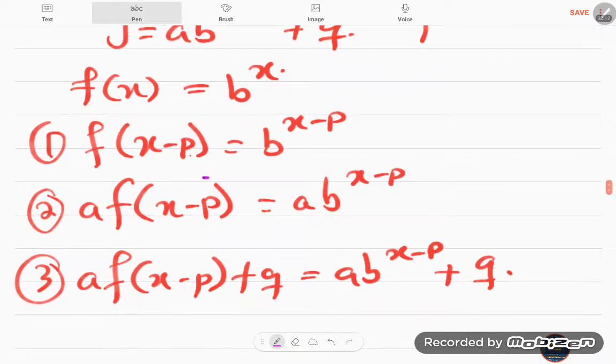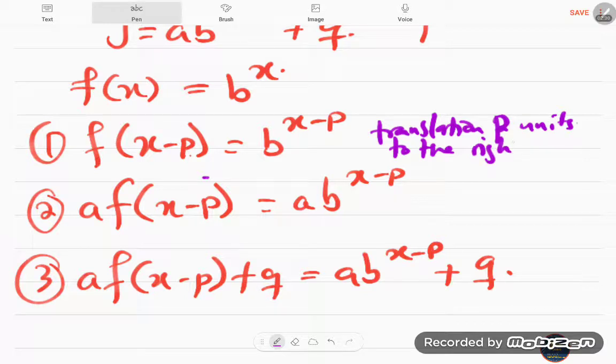Okay, so we know about those transformations from previous graphs, and we'll notice that the first one is going to be a translation p units to the right.